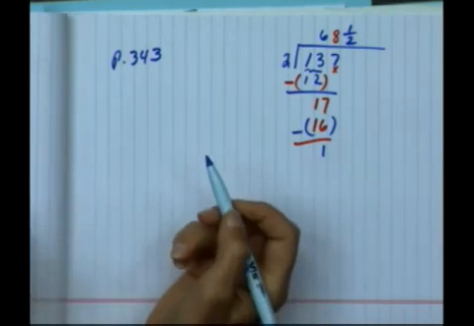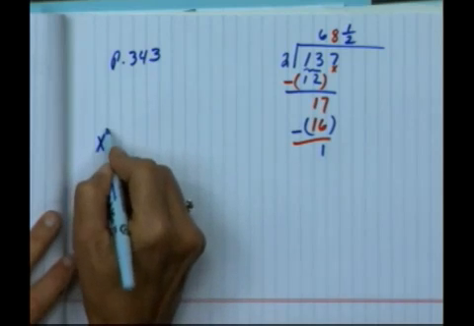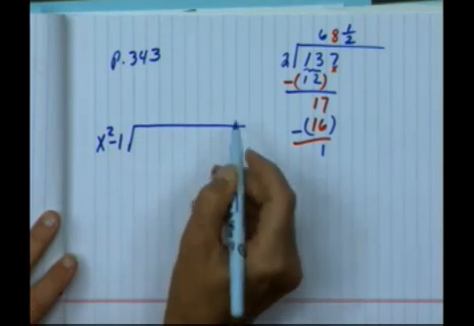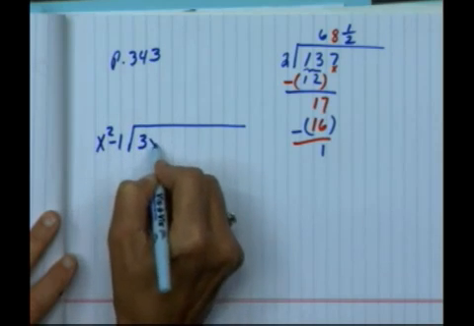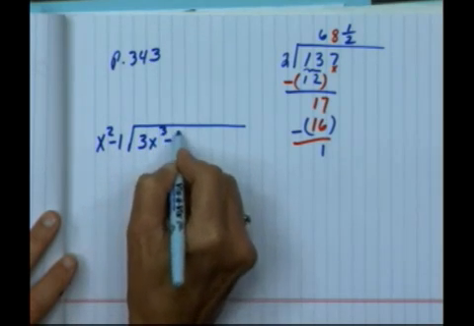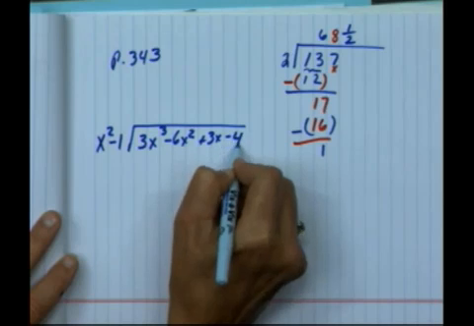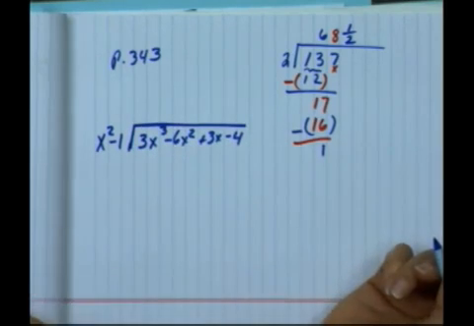All right, so the same deal with dividing rational functions. Rational expressions, excuse me. So we have x squared minus 1 into 3x cubed minus 6x squared plus 3x minus 4. All right.